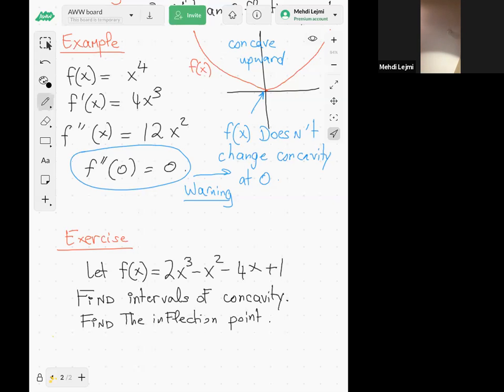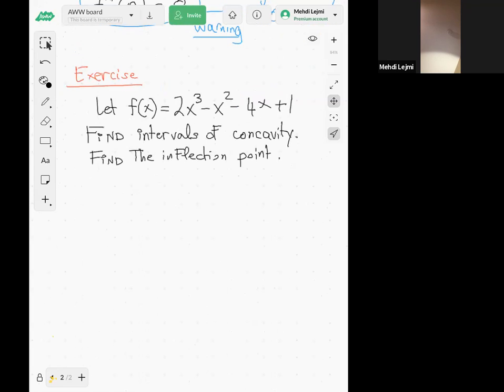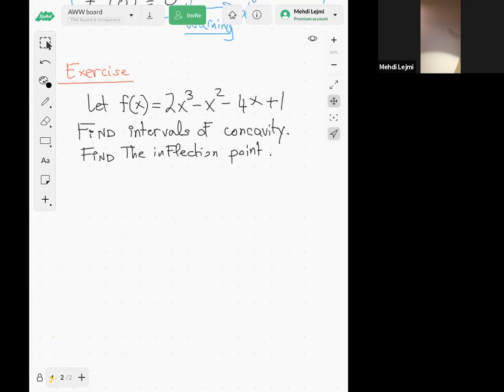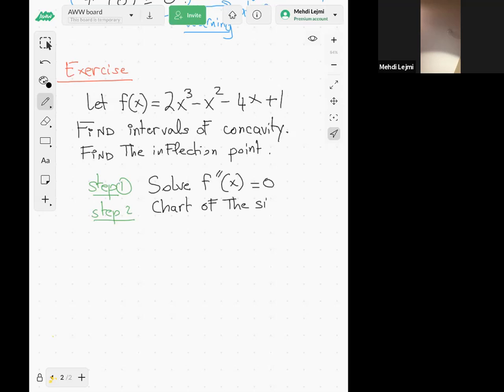As we did for intervals of increasing and decreasing, where we had to solve f prime of x equal to 0, for intervals of concavity step 1 would be to solve the second derivative equal to 0, and step 2 would be the chart of the sign of f second.